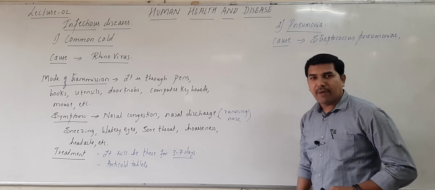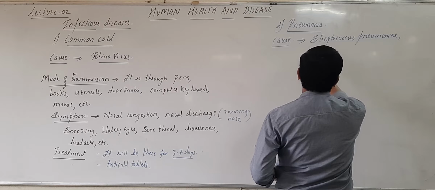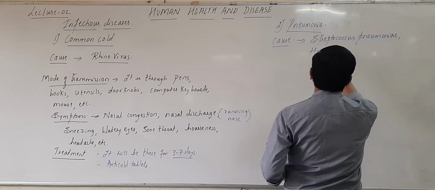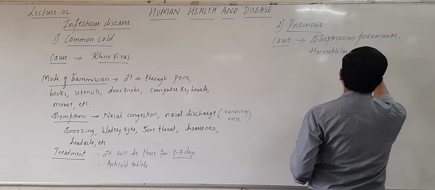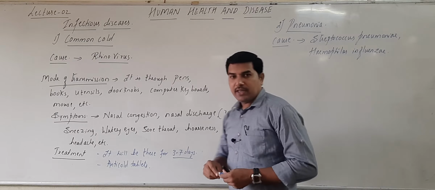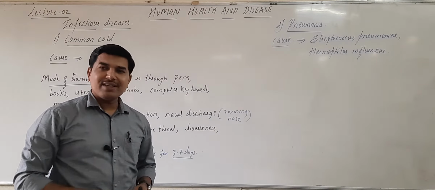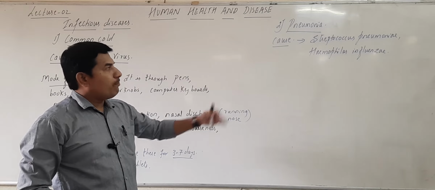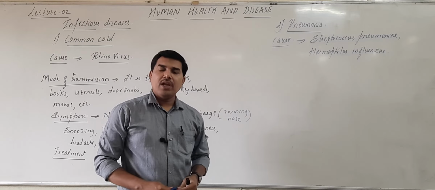This is the bacteria, or there might be one more where we call it Haemophilus influenzae. So Streptococcus pneumoniae and Haemophilus influenzae are the bacteria through which pneumonia is transmitted.